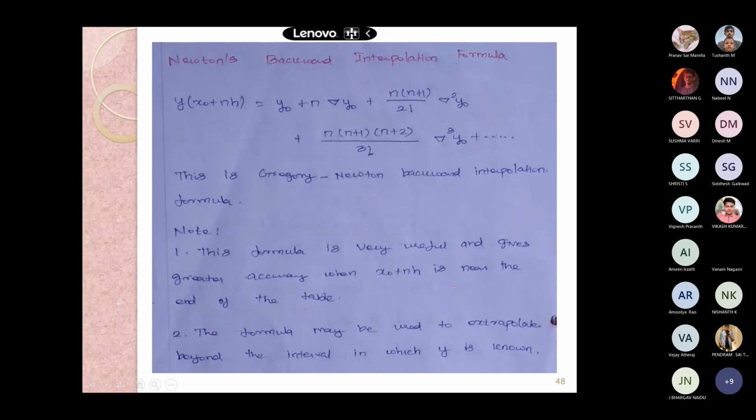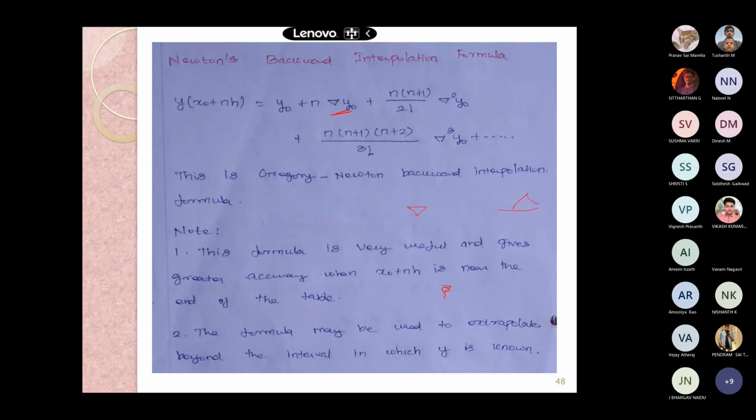And this is Newton's backward interpolation formula. Already the time is 1:20, I'll wind up very soon. Instead of the delta here, we are going to use this symbol. What is the name for this symbol? And the rest are same.